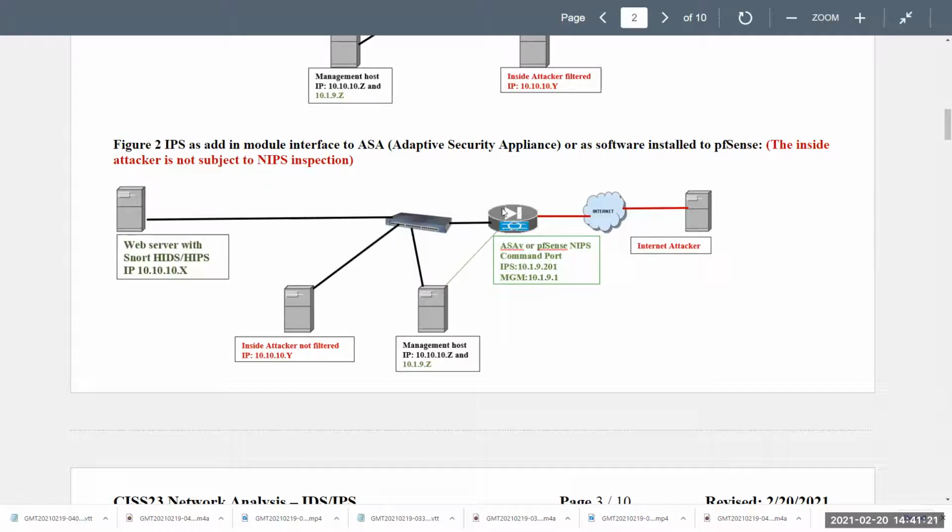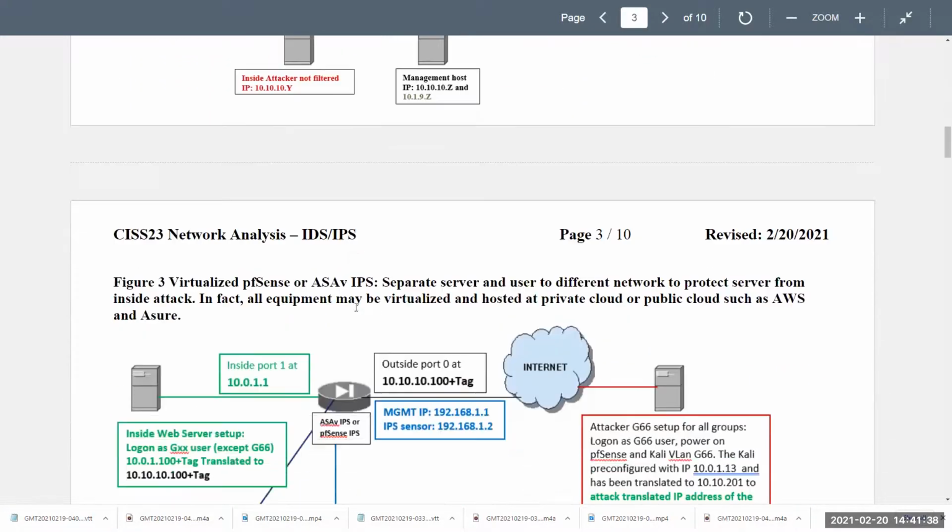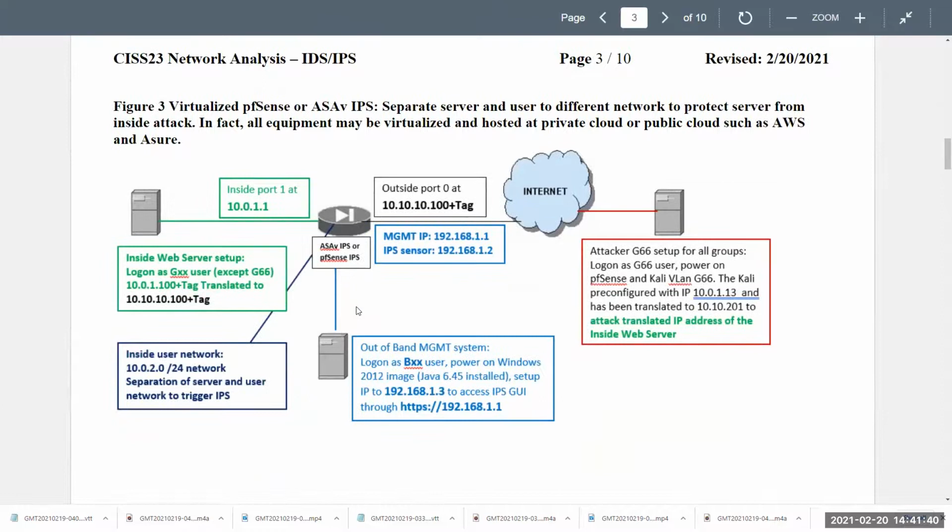Then with that key in place, when the internal attacker wants to access the server, it will not go through here and access the server directly. It has to go through still the intrusion detection box and go through a different interface to the server, which will be detailed in the figure 3 here.